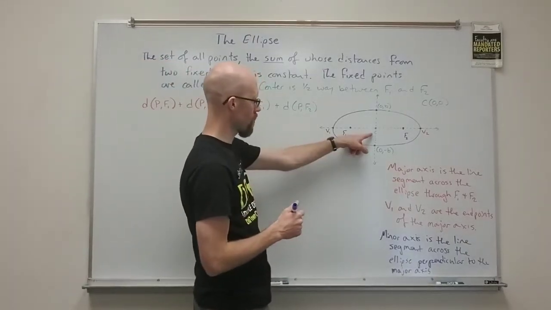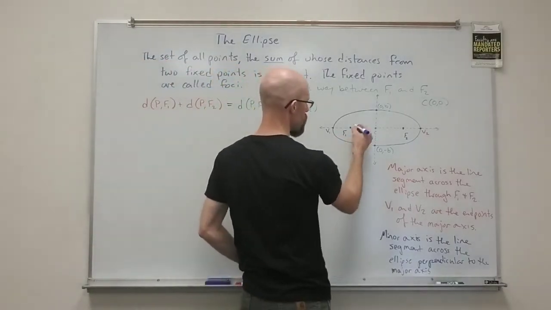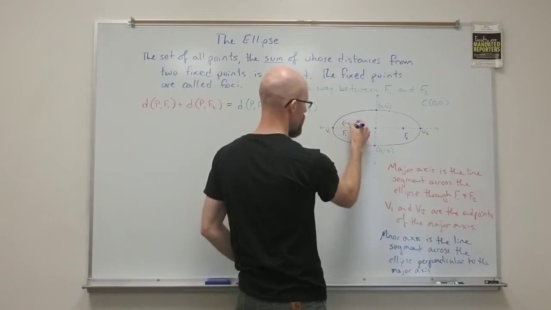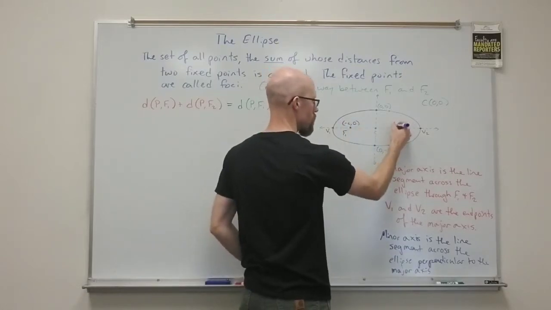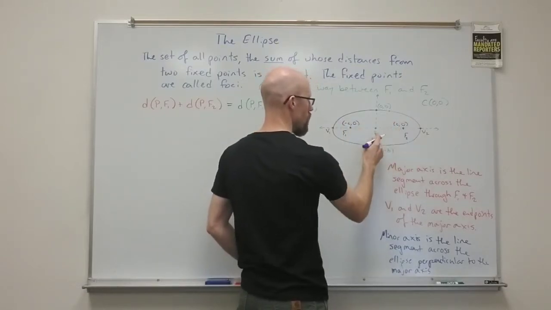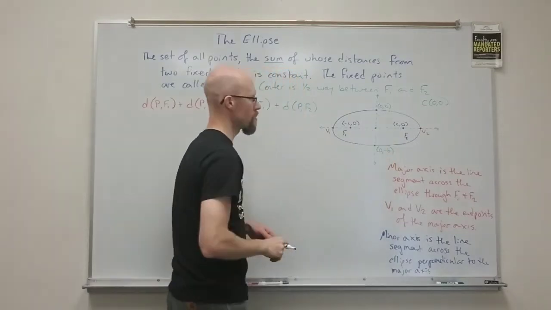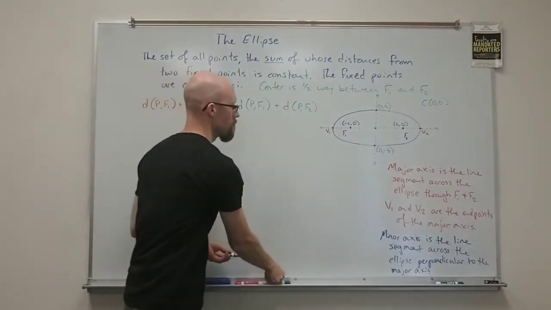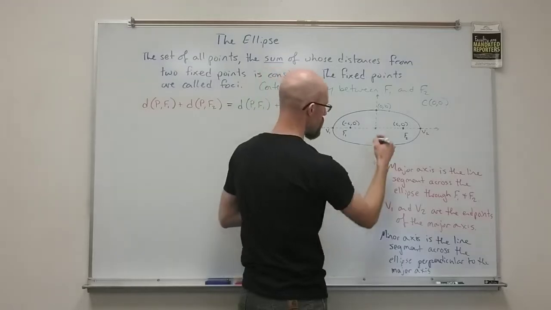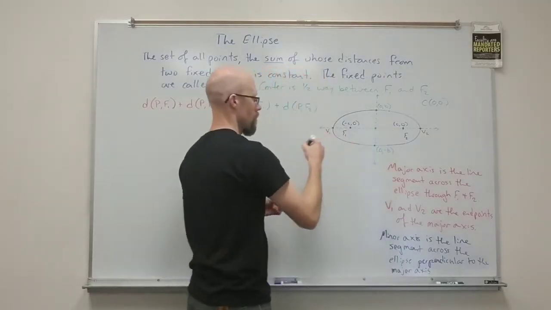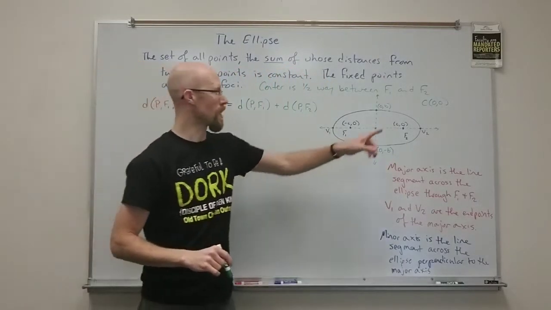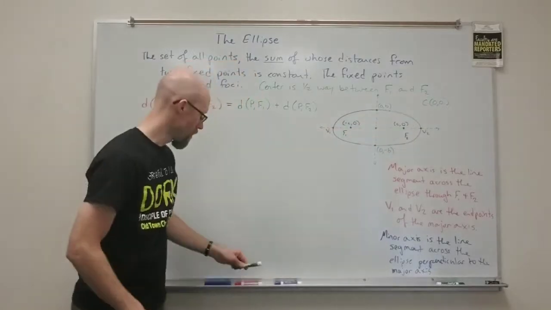It's kind of inconvenient to call that c, but that's okay. So this is going to be at negative c comma 0, and this is going to be at c comma 0. I'm going to actually erase that label for the center because that may be confusing with what the c is. Those are lowercase c's as opposed to the capital C for center.